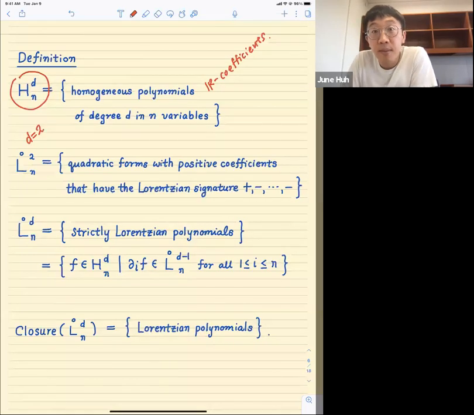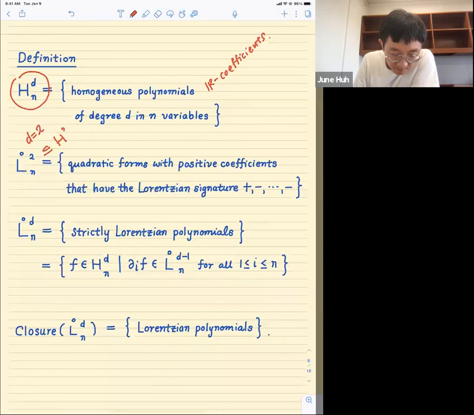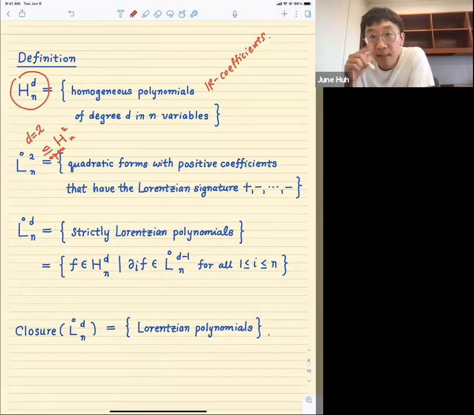So this is like a base case. And in this case, I'm going to define a subset of H2n, in fact, an open subset, which I write as L naught of 2n. So this little circle there is to indicate that this is an open subset.